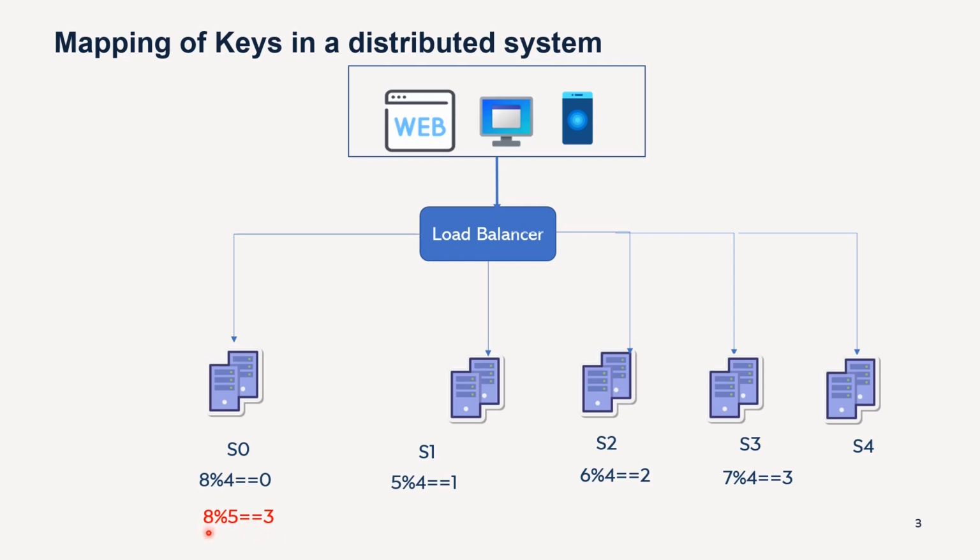So key 8 does not belong to its old server, it belongs to server 3. Similarly, key 5 now belongs to server 0. So key 8 should go to server S3 and key 5 should go to server S0.